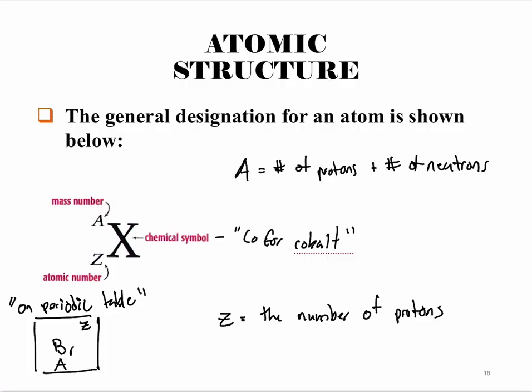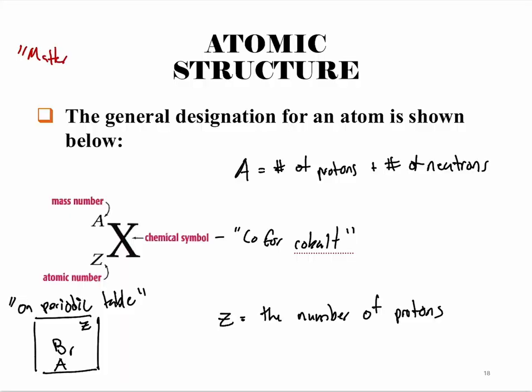So if we have a symbol like this, where we're told the mass number, the atomic number, the number of protons, how do you think the number of electrons is related to anything here? How do you guys think the number of electrons are related to any of these quantities? Using the fact that matter is neutral, right?